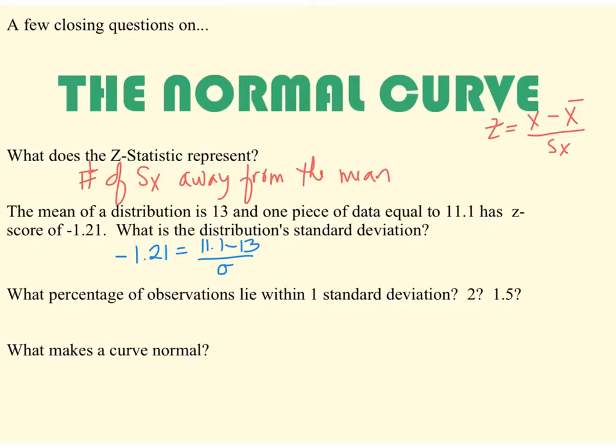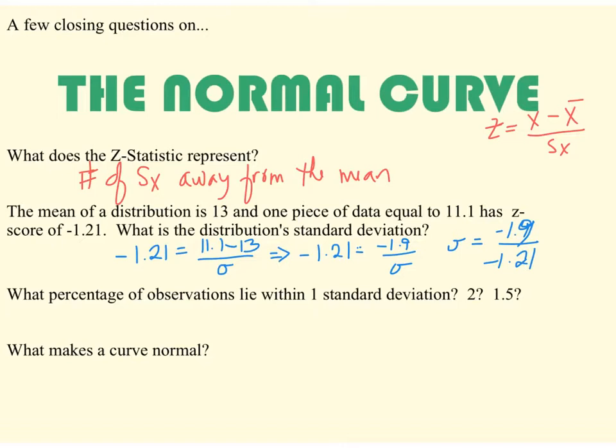So we end up with negative 1.21 equals negative 1.9 over sigma, and through some algebra, we can say that the deviation is equal to negative 1.9 divided by negative 1.21. Okay, and you could calculate that and figure out what that is.